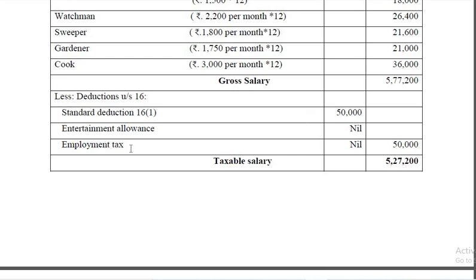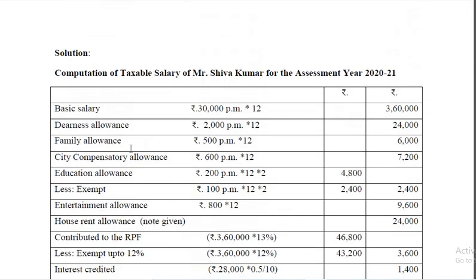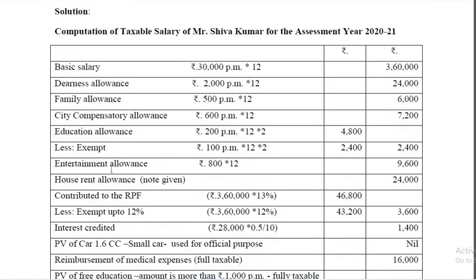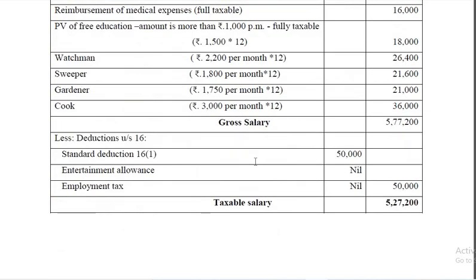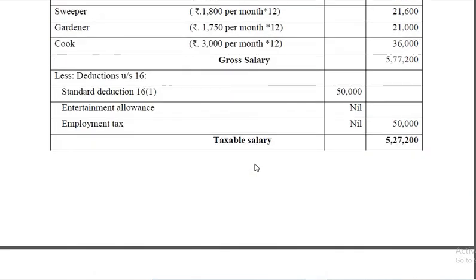Professional tax, nothing has been mentioned here, therefore we are leaving it. We are not considering it. Say entertainment allowance is 800 I receive. If the assessee were a government employee, then deduction would have been allowed: actual entertainment allowance received, 1/5 of basic salary, or rupees 5,000, whichever is less, would have been deductible.